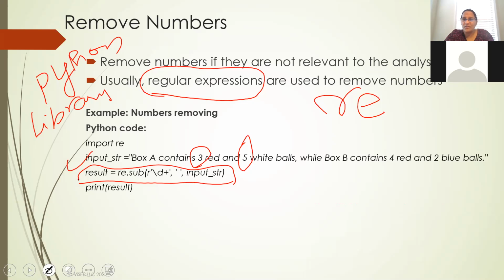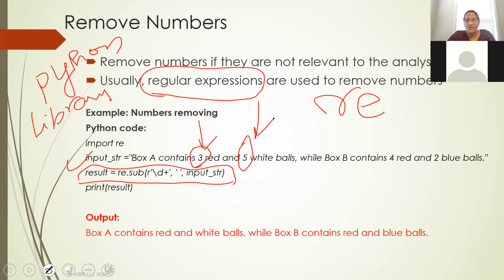You may want to find a subset and just remove these numbers. So we have used regular expressions to remove numbers. Now if you run this program, you will get a string which doesn't contain the numbers. So this is how we remove it.